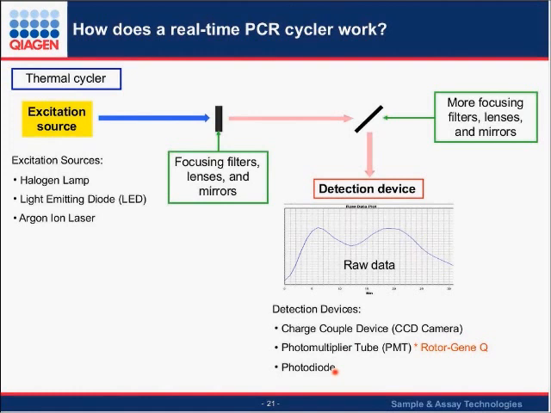There are all these different detection devices. But basically, a thermocycler is an instrument that heats and cools in a cyclical manner. It has an excitation source and a detection device that allows you to see the accumulation of fluorescence from your reaction.